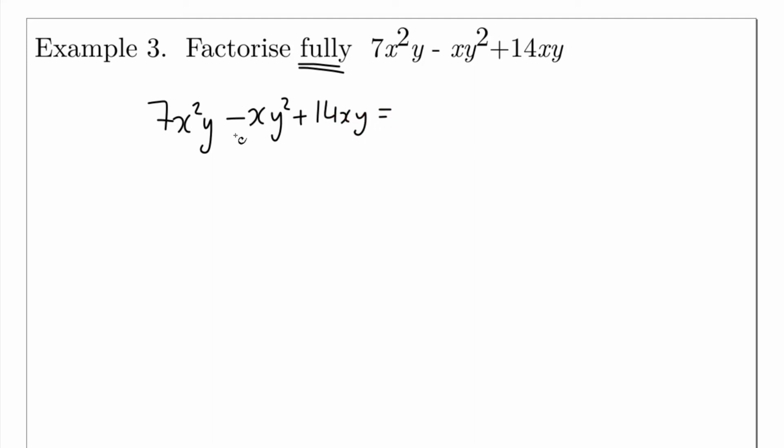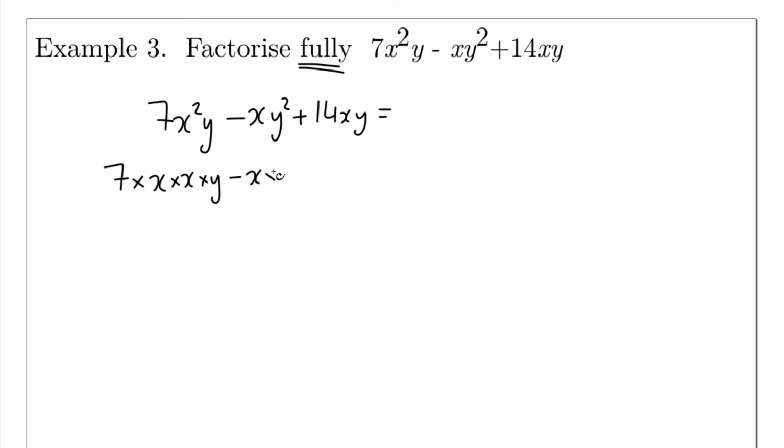What I'm going to do is rewrite this expression and break down each term into its factors. So 7 is a prime number, so I can't factorize that anymore. I can't break this down into any other two factors. 7 multiplied by x multiplied by x multiplied by y. x times x comes from x squared, the y comes from the y.